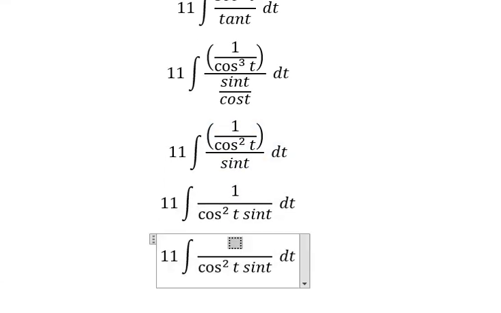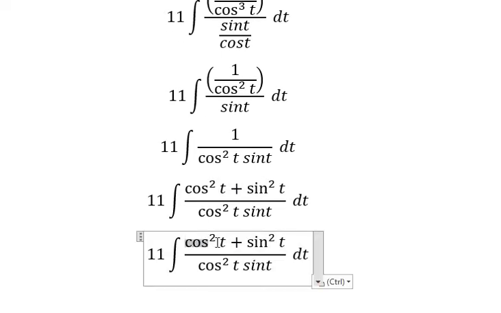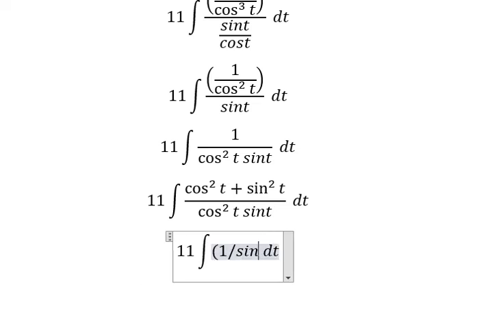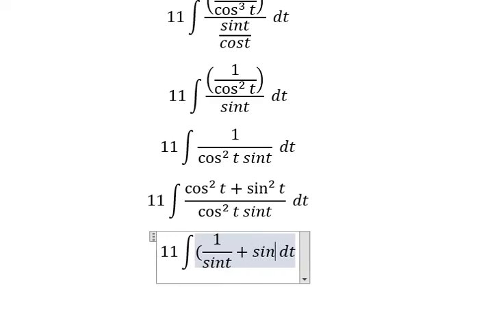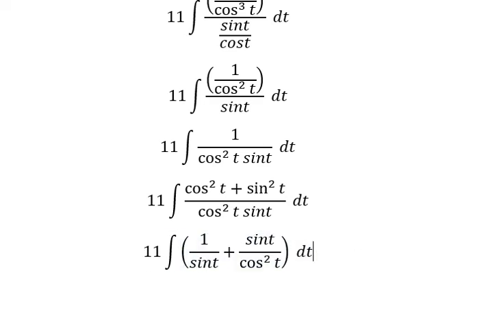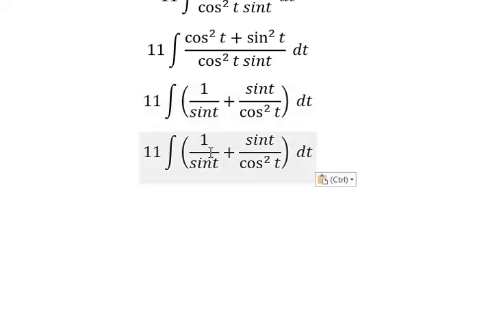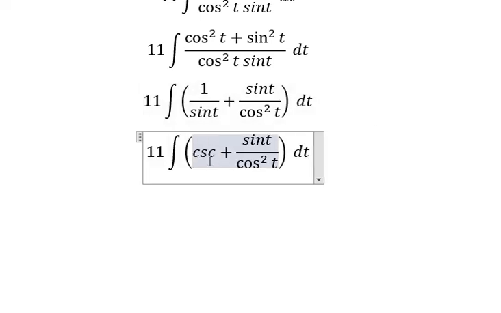Number 1 is cosine squared t plus sin squared t. Then we have cosine squared t divided by cosine squared t, and sin squared t divided by sin t. So we have 1 over sin t plus sin t over cosine squared t. The 1 over sin t is cosecant t.